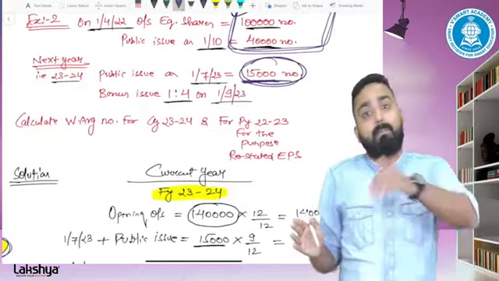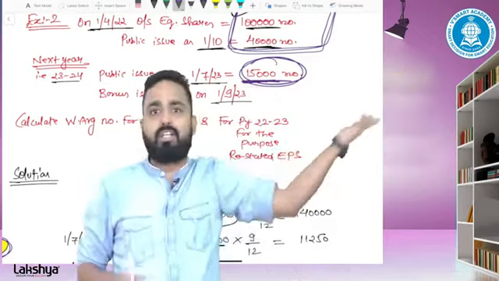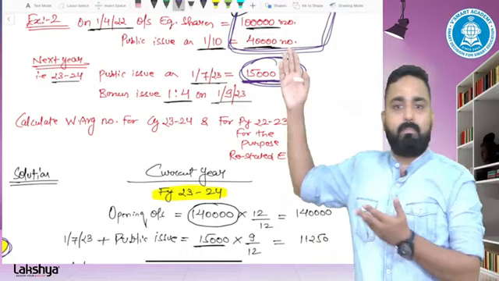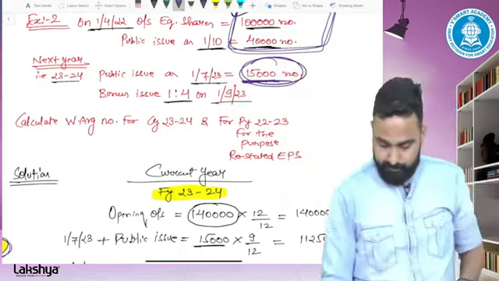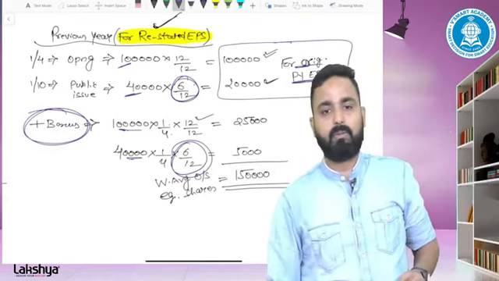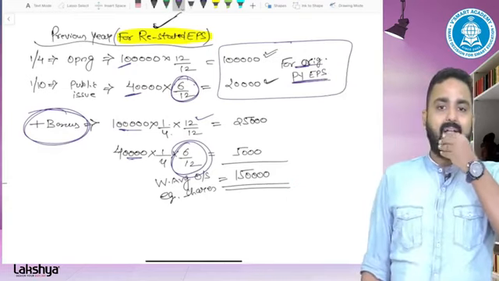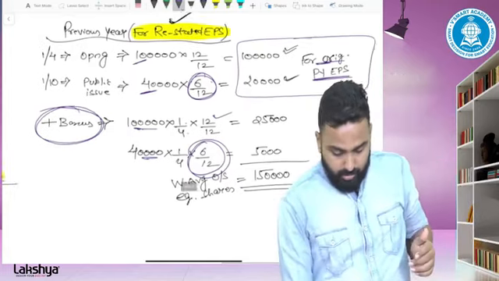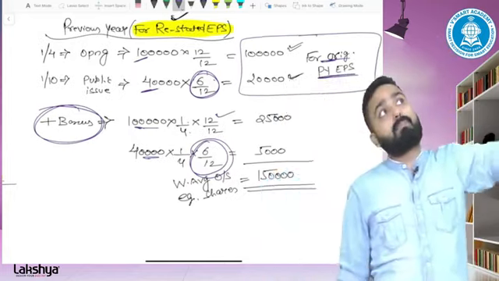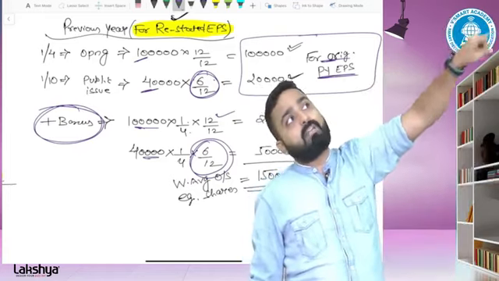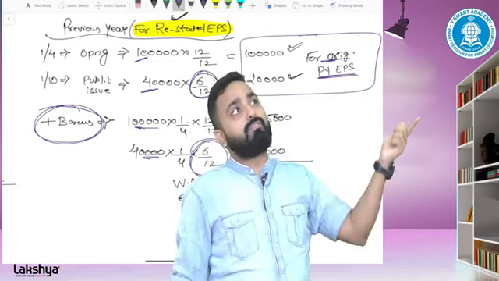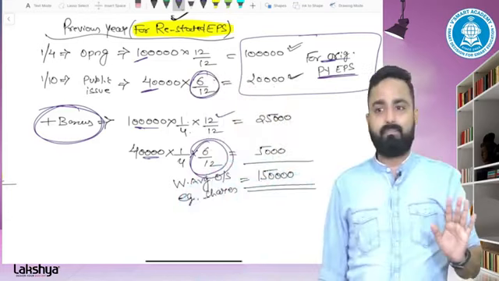We will not consider the public issue of the current year in the last year bonus. How can we include the bonus part in the last year? Because the public issue was done in the current year only. So bonus on the opening 1 lakh, bonus on last year public issue 40,000, but the last year public issue was made on 1st of October, so the bonus portion will be included from 1st October only.